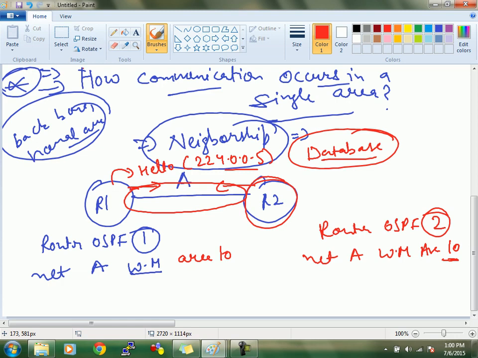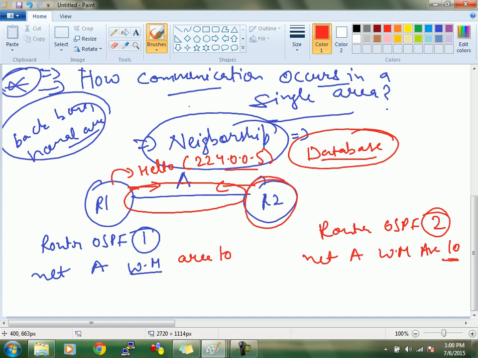It means if I am saying two routers are neighbors, it means they have exchanged the database. But in case of OSPF, if two routers are neighbors, it doesn't mean they have exchanged. There can be a chance they have exchanged and there can be a chance they haven't exchanged. This thing is clear. Now, how they will exchange database, that will be a second part. First part is how they will become neighbors.